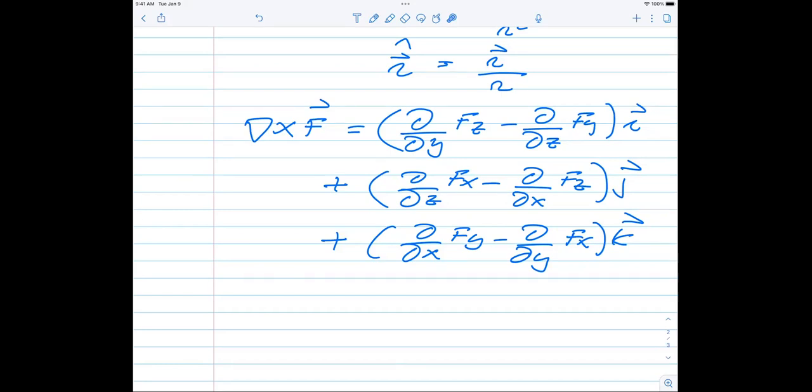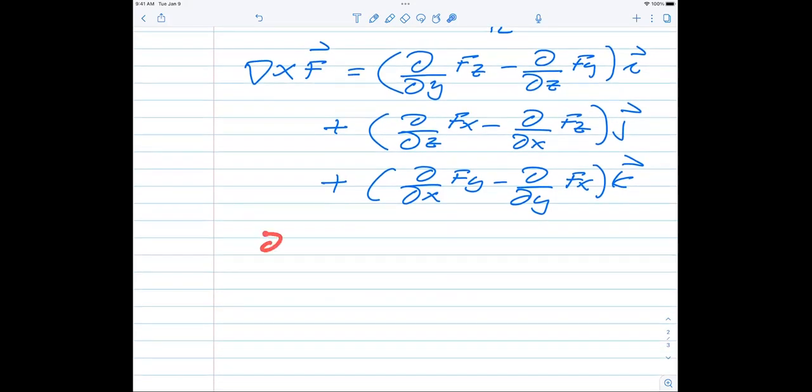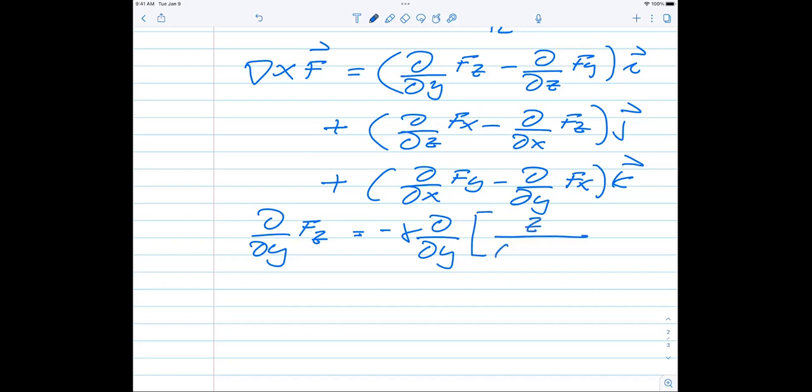So let's now look at the term d/dy of f_z here. So this is the same as us having to calculate this term of d/dy. The z component is given by z divided by x squared plus y squared plus c squared to the power of 3/2.